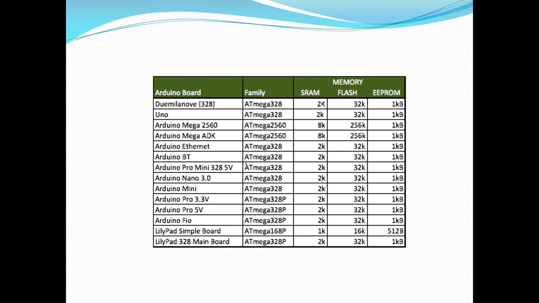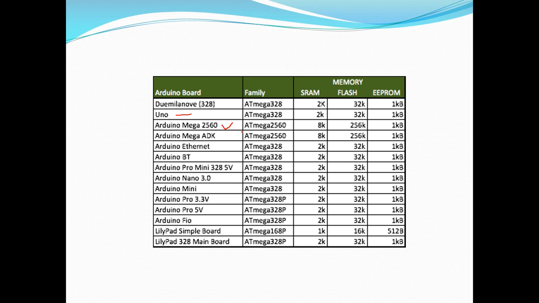This is the size of memory on every Arduino family. If you use Arduino Uno, the size is around SRAM 2K, flash 32K, and EEPROM 1K. But if you want to make a larger program, let's say your final year project, a bigger system, I suggest you use Arduino Mega. Why?